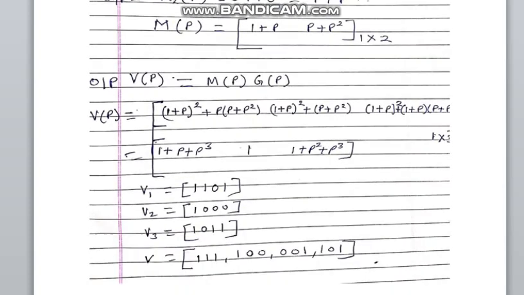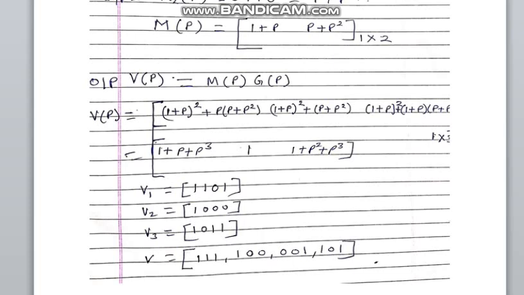Now V(P) is nothing but M(P) into G(P). We have seen that G(P) is of size K cross N, where K is 2 and N is 3, so 2 cross 3, and M(P) is of 1 cross 2. So the final matrix V(P), which is the multiplication of M(P) into G(P), will be of size 1 cross 3.